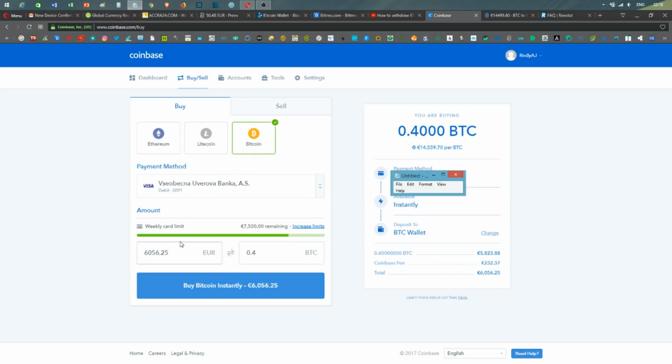So I just made an example. For instance, Bitcoin: if you want to buy Bitcoin with your credit card, you just click on any of these three. As you can see here, I've made an example: 6,056 euros is 0.4 of a Bitcoin.